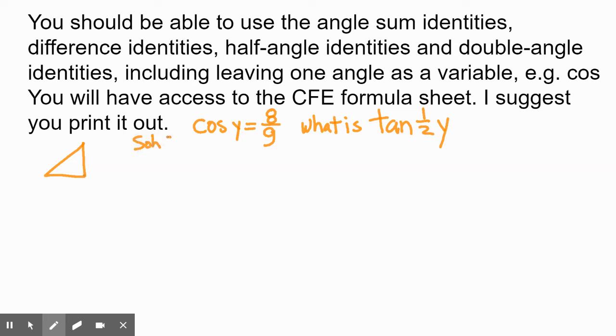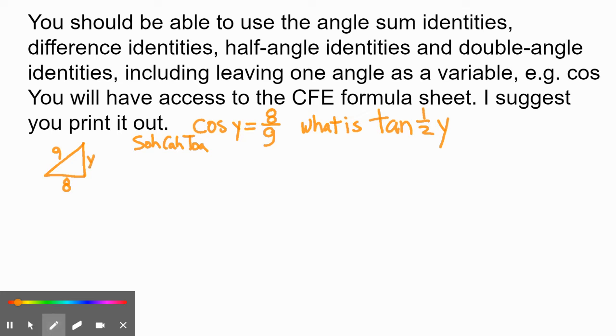Okay, so SOH CAH TOA, right? The cosine is the adjacent over the hypotenuse. So the adjacent is 8, and the hypotenuse is 9. And we're going to have to find this, right? So that's going to be the first thing we're going to do. Actually, I'll just keep the same color for that.